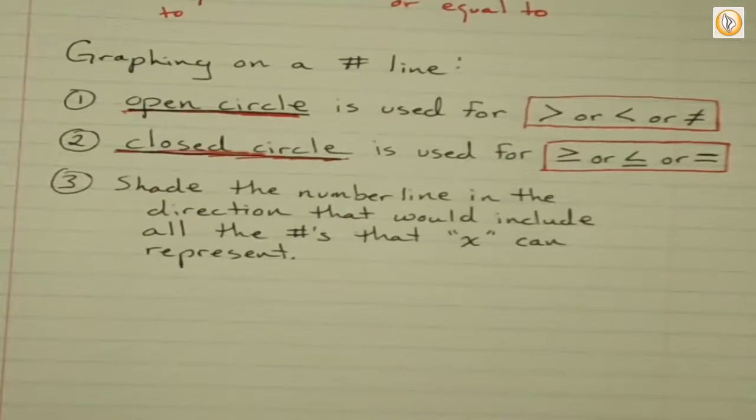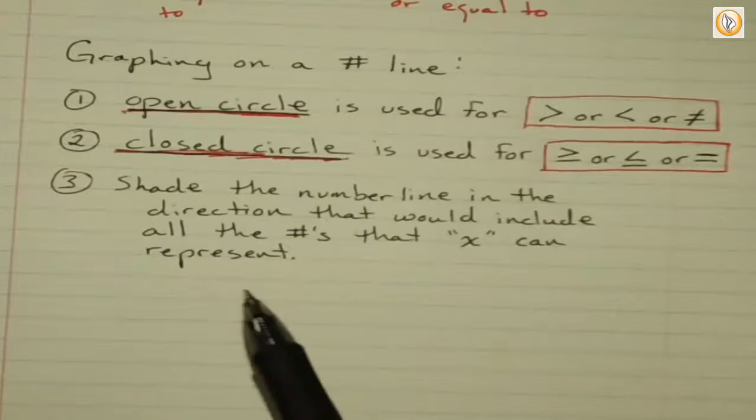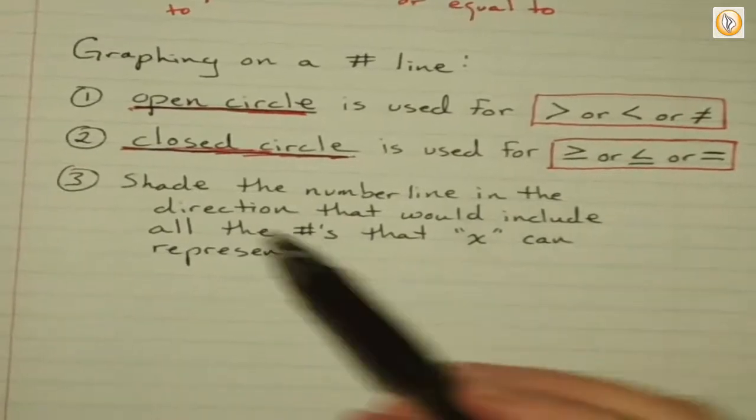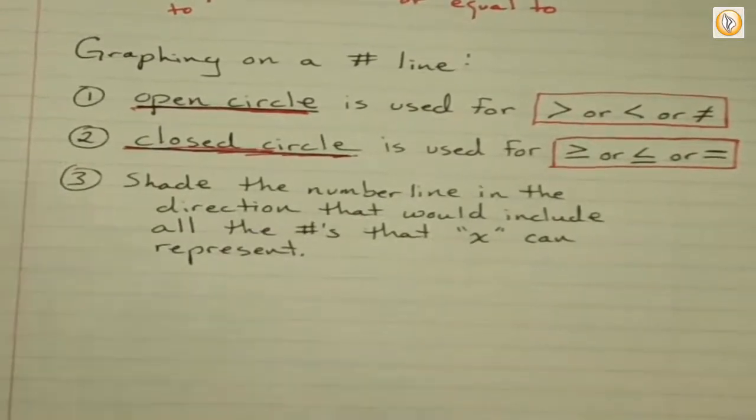And then I'm going to start doing examples of just this part. We'll see how much we get through today. Maybe moving your test back a day. It says to shade the number line.